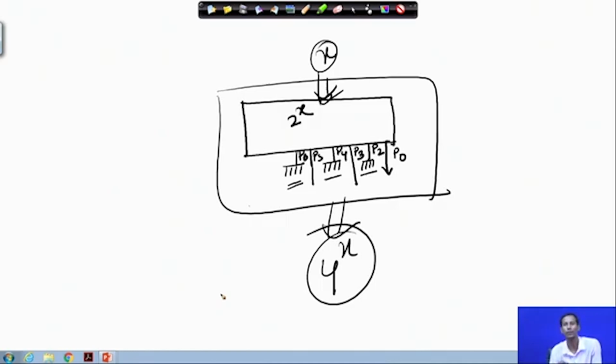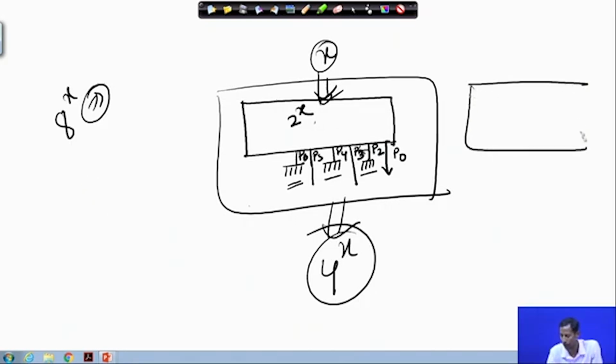The same thing if I want to implement 8 to the power x, at that time how can I design? At that time 8 to the power x means 2 corresponding bit positions will be filled with zeros, that means alternate 2 bits of the 2 to the power x function. So, at that time what will happen? From the 4 to the power x circuit, how can I implement it?